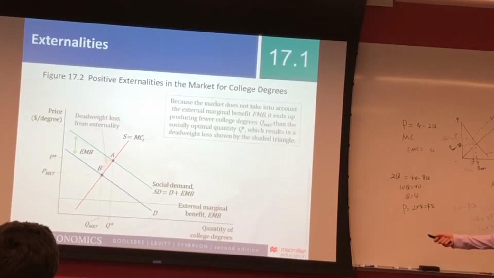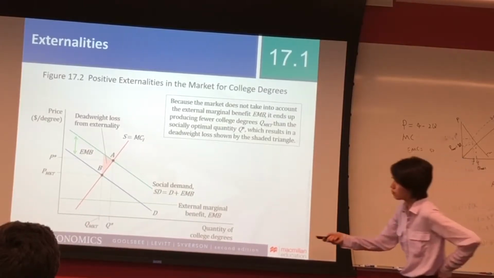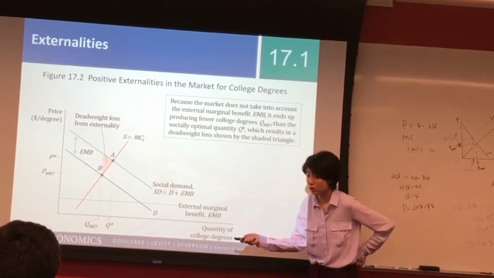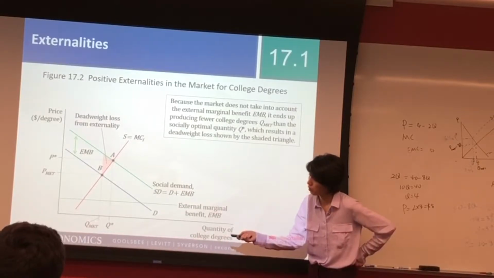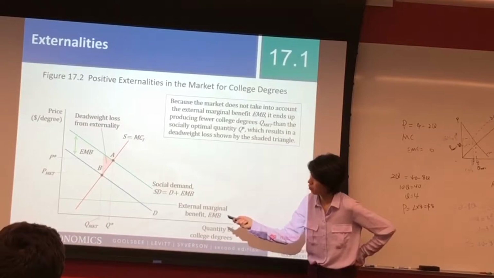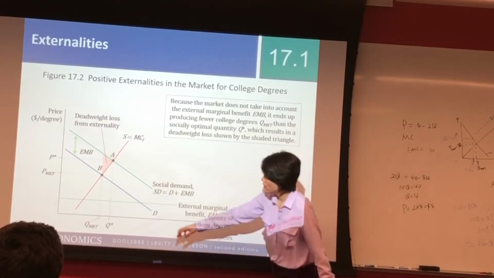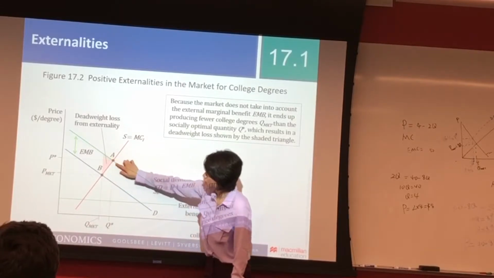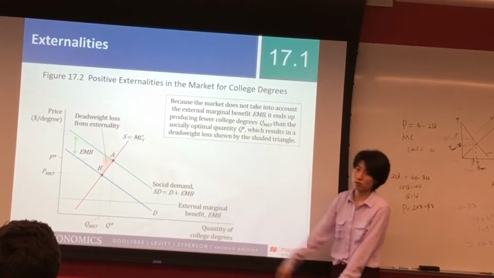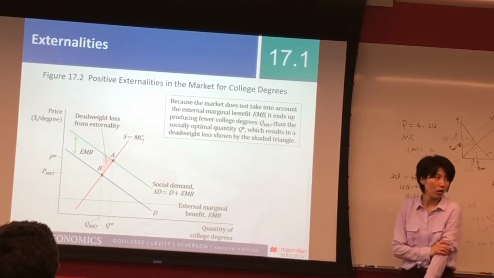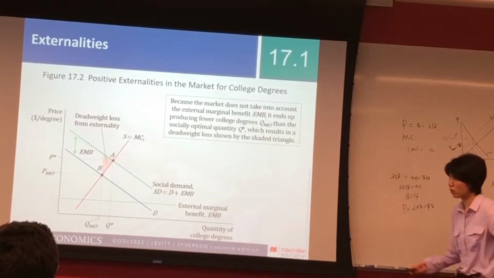If there is no regulation, the free market produces too little, lower than the optimal level. That's why you lose some welfare. The whole society loses some welfare. Same logic: this shaded triangle represents the deadweight loss of producing too little of this good.